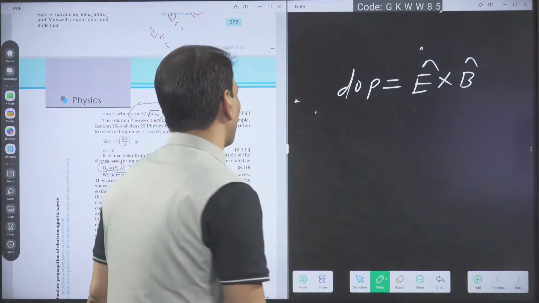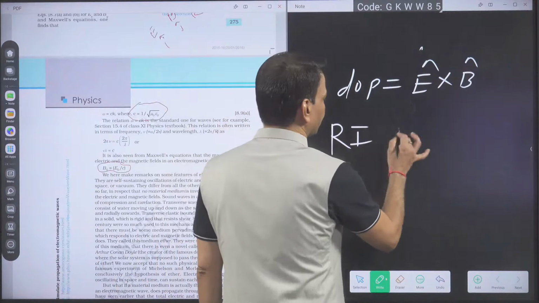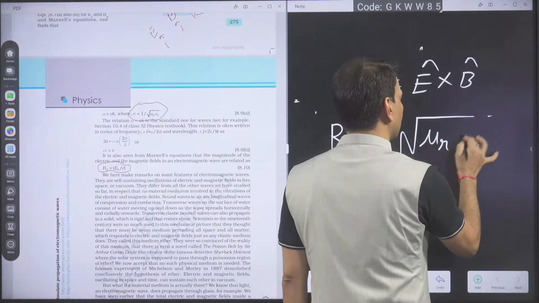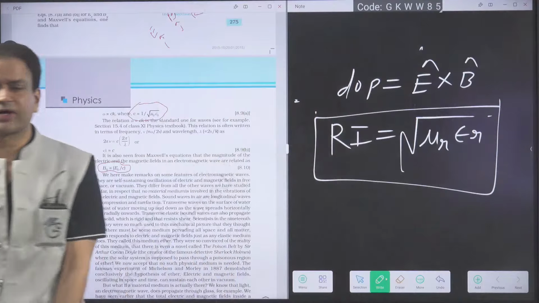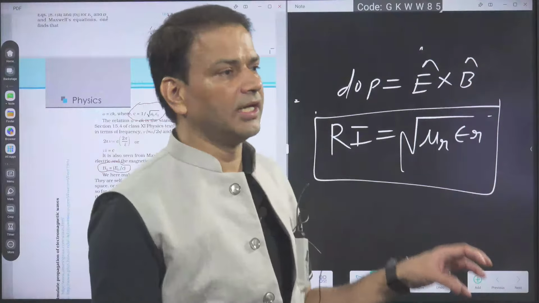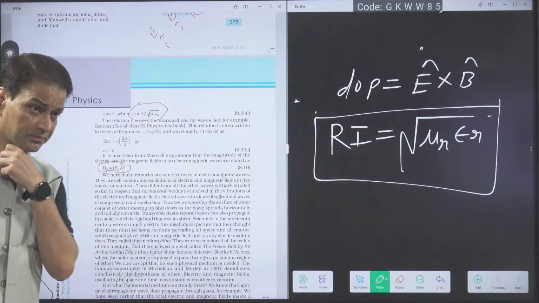From that we can get the refractive index. The refractive index of the medium is root of mu r into epsilon r. This formula you have to remember. Where mu r is the relative permeability and epsilon r is the relative permittivity.